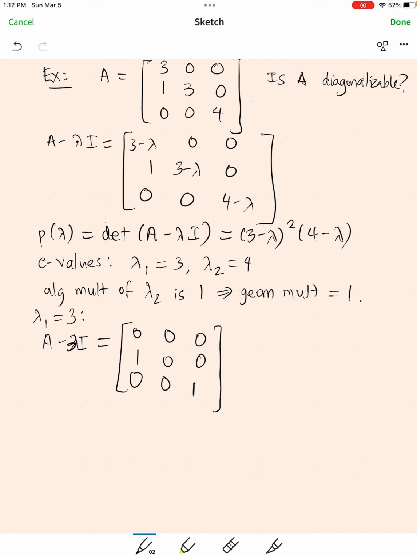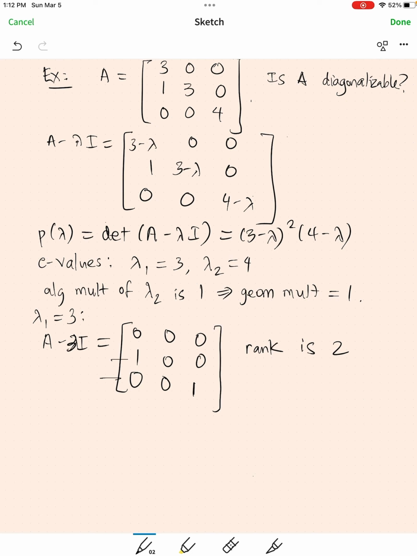And so what's the rank of this matrix? 2. Right? Because I have 2 linearly independent rows, and then the top row is a linear combination of the second and third rows.